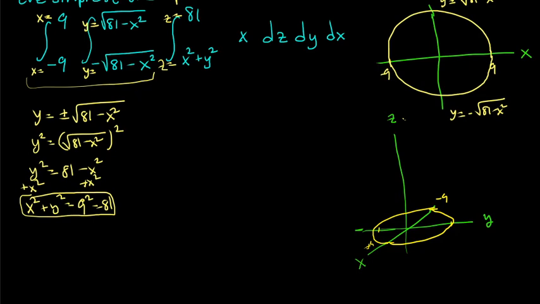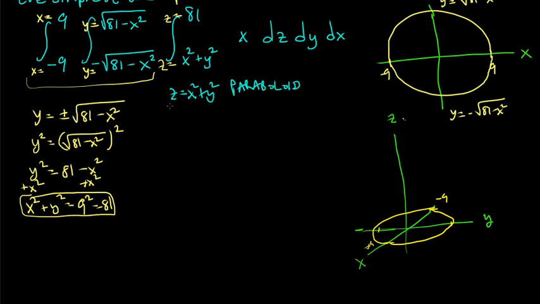All right, so now let's draw the actual surface here. So the lower surface is z equals x squared plus y squared. So notice it's not z squared, that would be a cone. It's z equals x squared plus y squared. So that is a paraboloid.